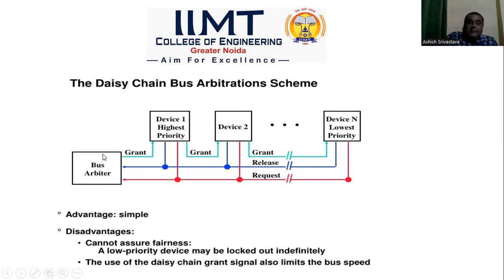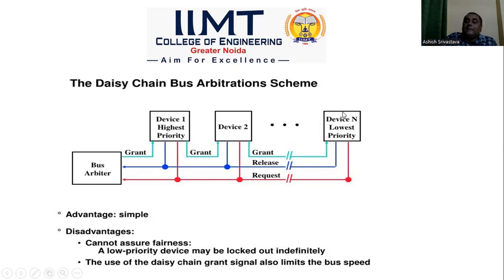Now, here is the diagram of the daisy chaining bus arbitration scheme. In the daisy chaining method, the bus arbiter plays the role of bus master. Here are device 1, device 2, device 3, device 4, device 5, and so on, and the last one is device N, which has the lowest priority. Device 1 has the highest priority, device 2 the next higher priority, then device 3, device 4, and so on.